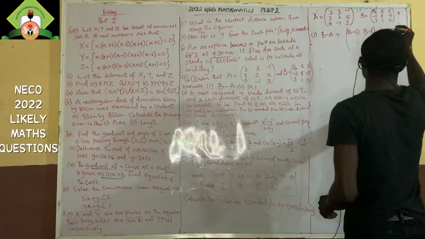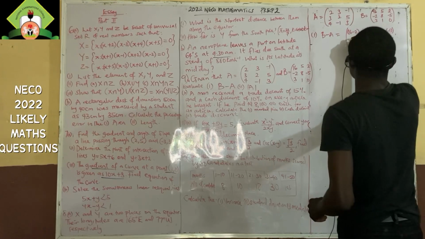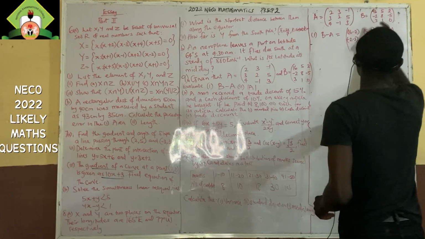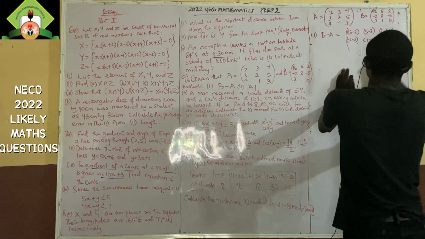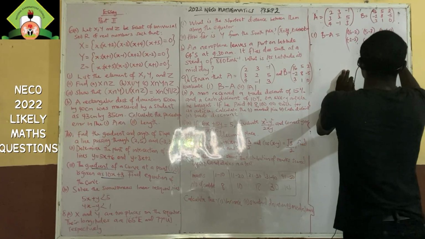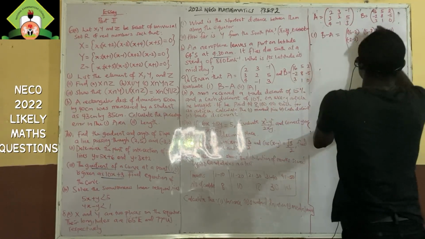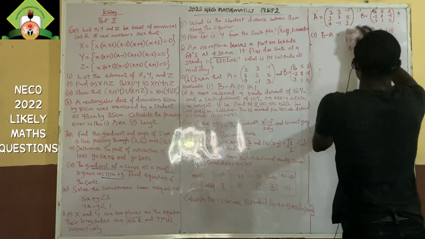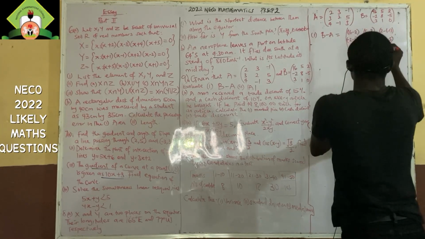Then the same thing applies to the second row: minus 2 minus 3, 8 minus 2, minus 5 minus 5. Then the third row: 3 minus 4, 1 minus 1, and 0 minus 3.